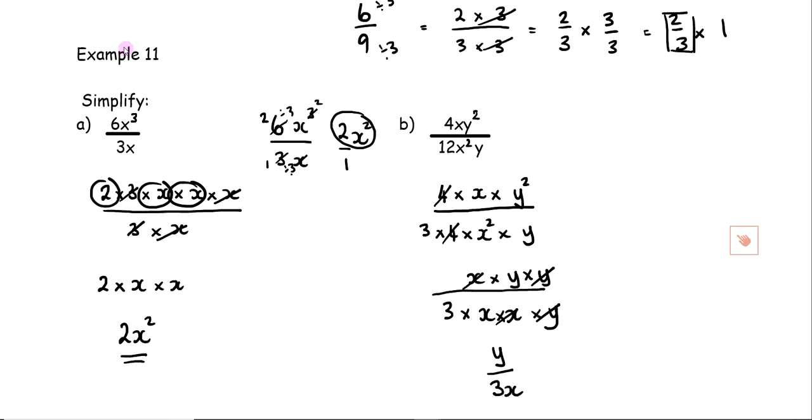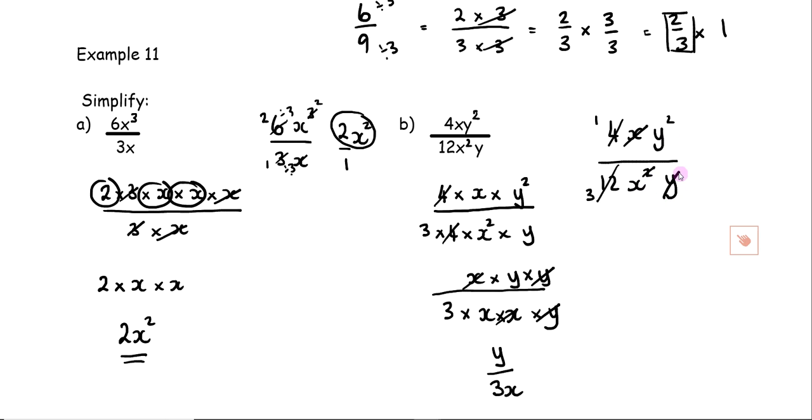Okay, so again, there may be a quicker way, as long as you understand it, which would be to understand that the 4 and the 12 cancel, divide by 4, so that makes a 1 and a 3. So there's my 3, the 1 I didn't write. The x cancels with one of these x's, so that becomes 1, so I don't need to write it.